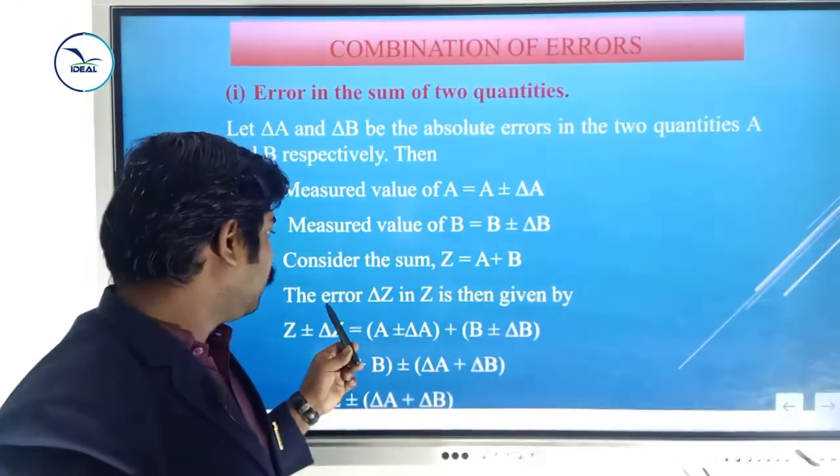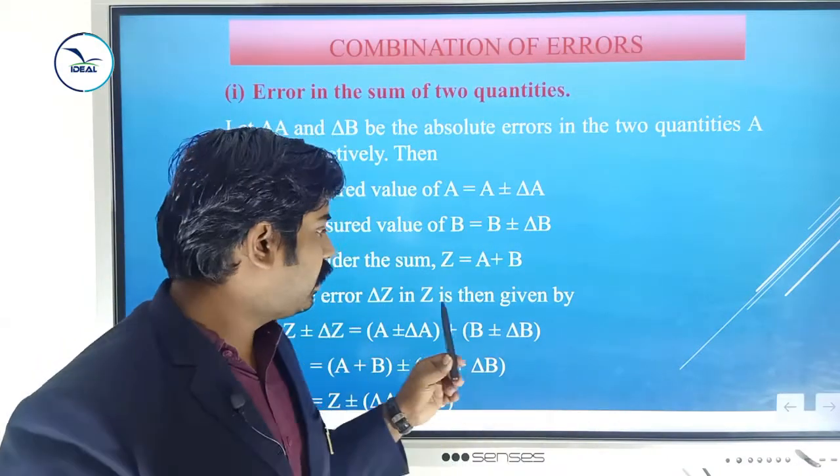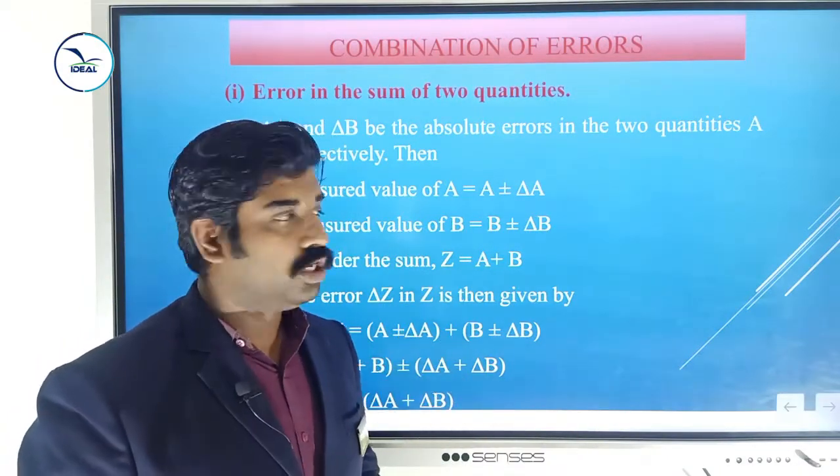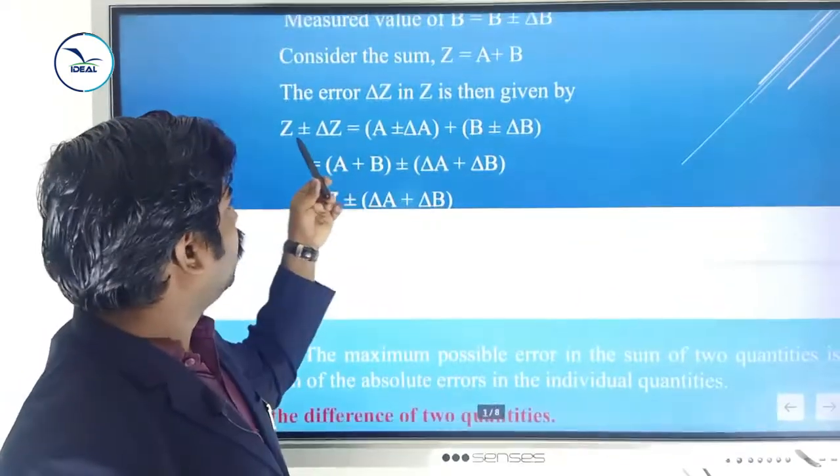So we consider again that delta Z is the error in Z. So we can rewrite this equation like this.